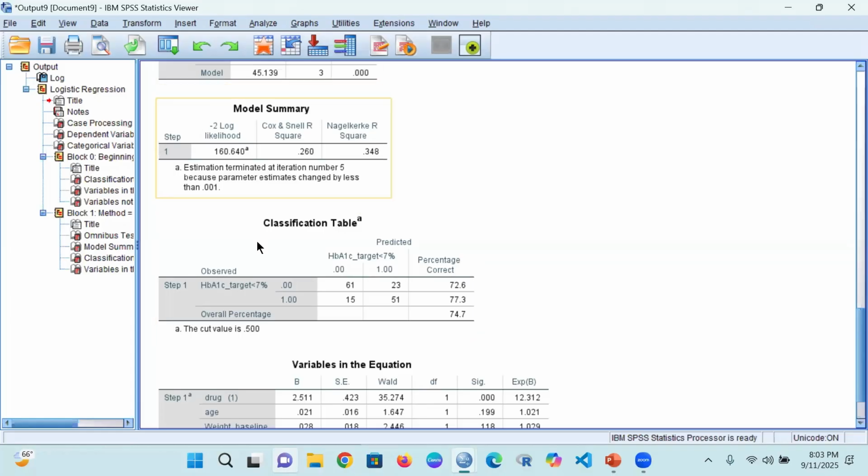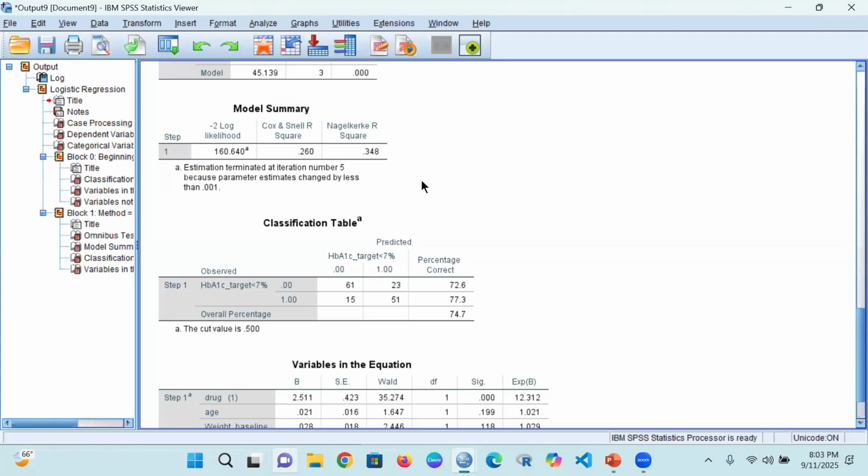So this one now is the most important part of the model. You have seen the likelihood: the patient in the drug group has 160 times the odds of achieving less than 7 compared to placebo.